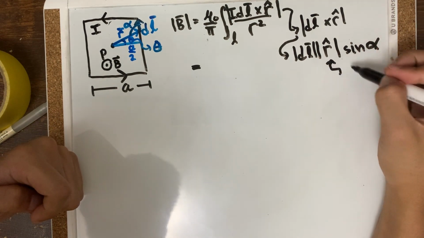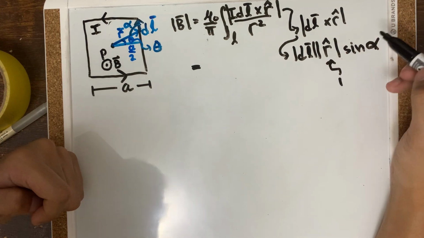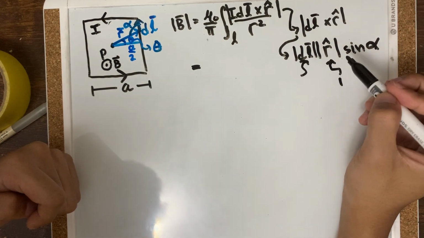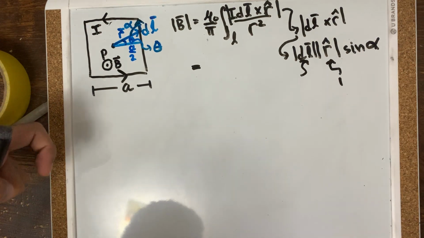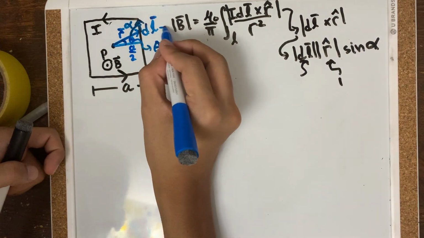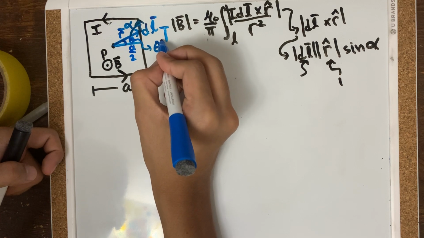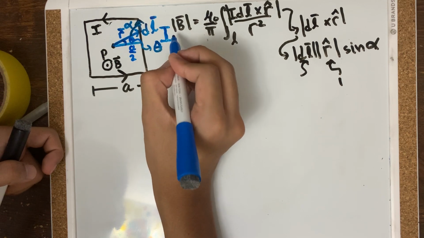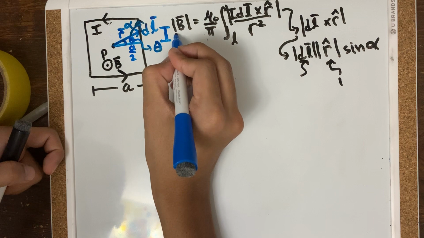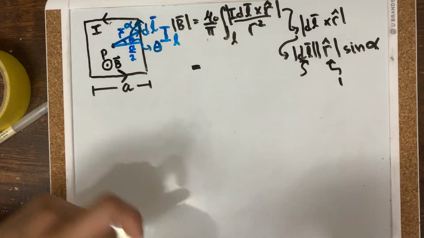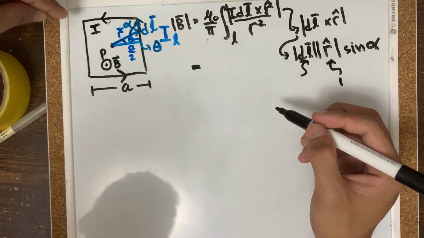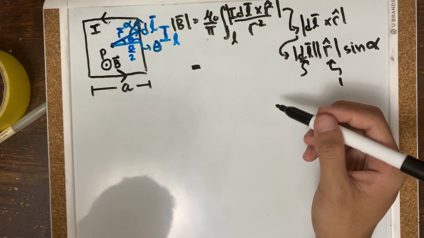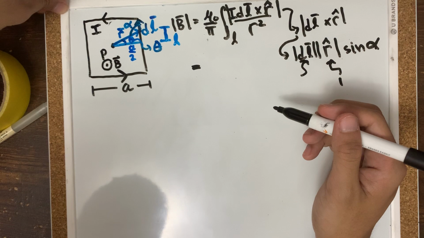We know r hat is a unit vector, so its magnitude is just equal to 1, and dl we can actually find using differentials. So let's do that now. If we define the length that has been traversed as you integrate as L, we can find the differential dl using trigonometry.